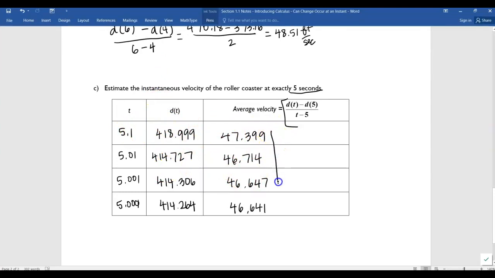Is there some value that this seems to be converging to, some value it's approaching? It seems that maybe it's at about 46.64. It's, again, hard to know for sure without actually doing some calculus, which we'll get to later on. We're just estimating right now. So the instantaneous velocity is approximately 46.641. Again, it's going to be feet per second.